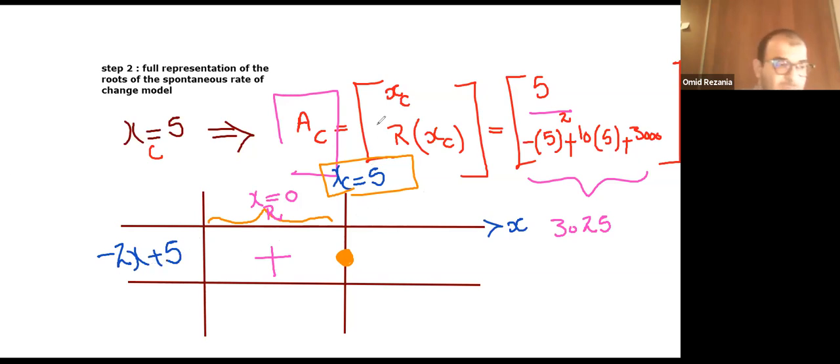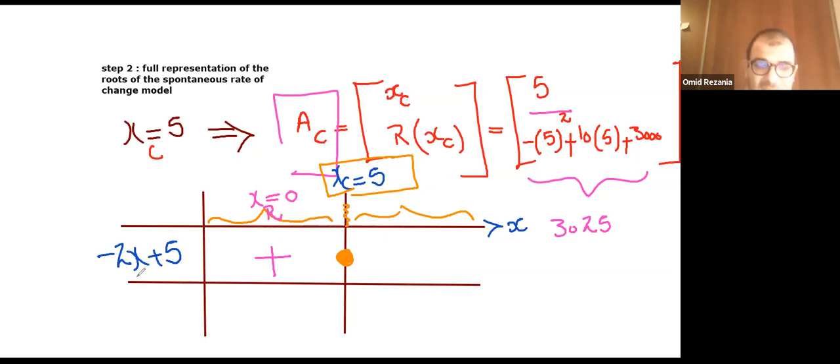And also, I come to the second part of this equation. For this one, I pick a number greater than 5, because imagine that you are walking along the x-axis, anywhere you are on the right side of this line, which represents x equal to 5, is greater than 5.